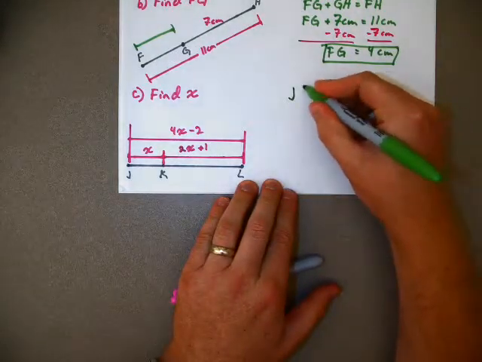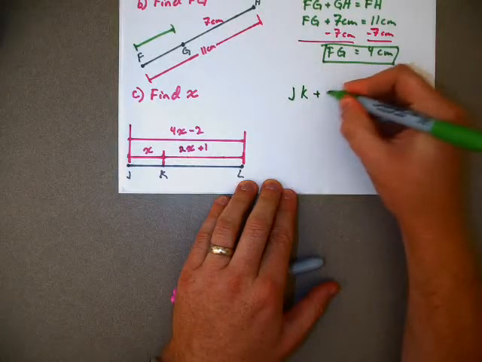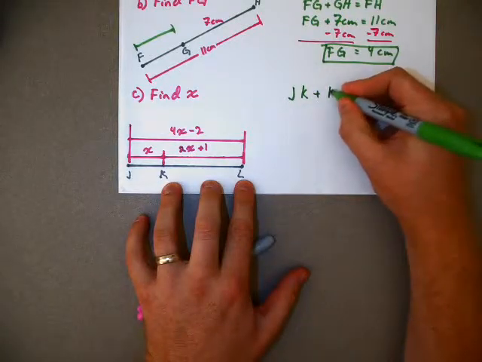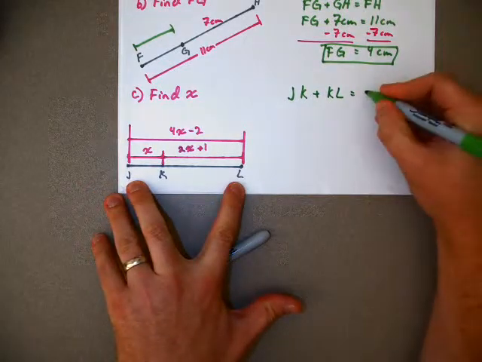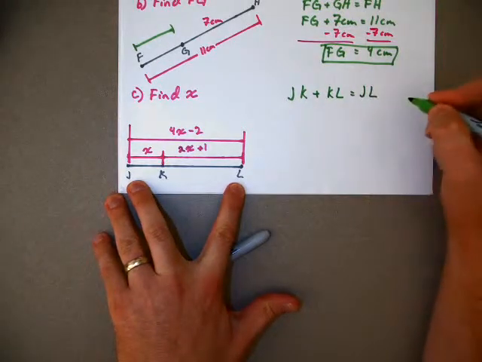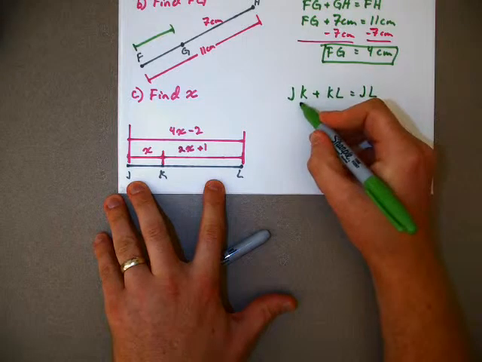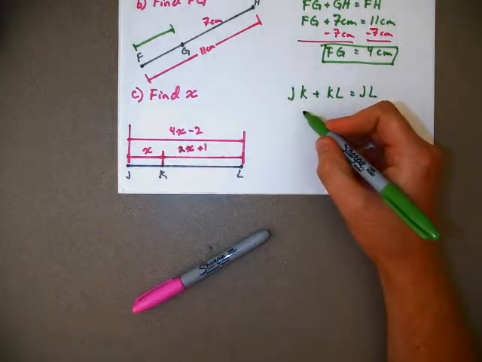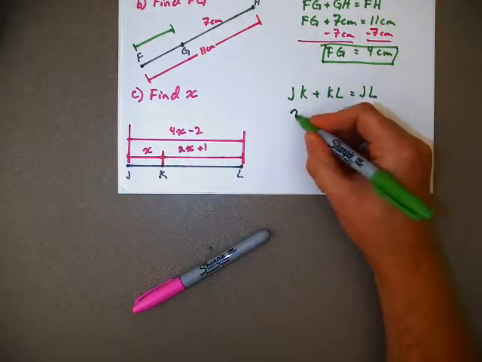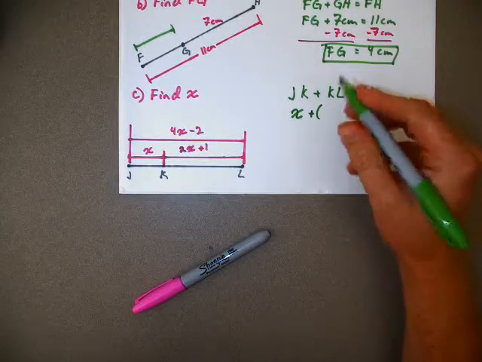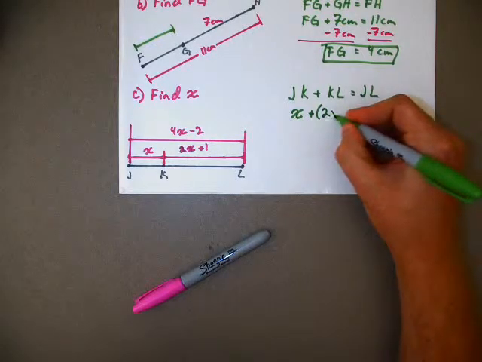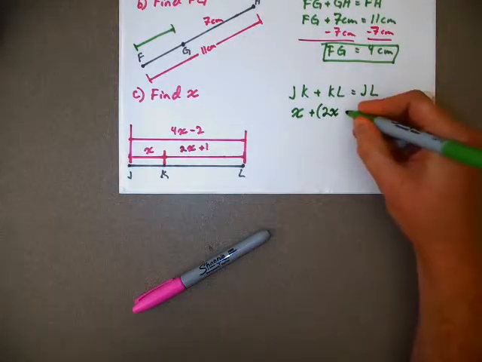I know that JK plus KL will equal the entire segment JL. Now I'm going to plug in my information. What's the measure of JK? Well, it's the variable x. And what is the measure of KL? It's 2 times x plus 1.